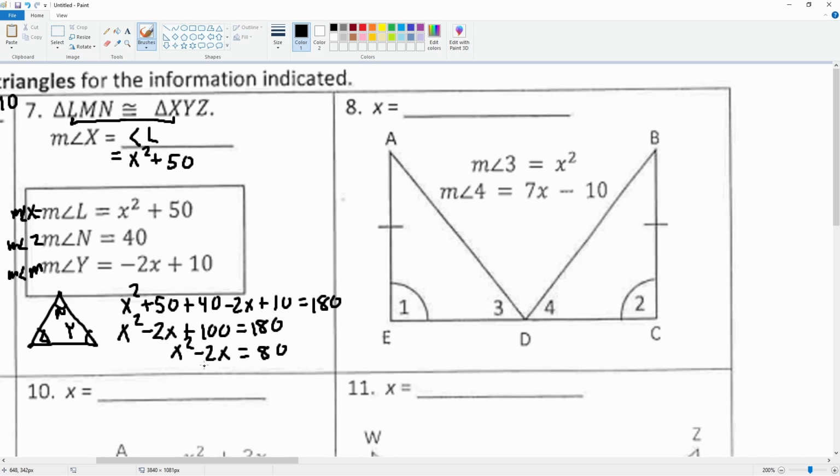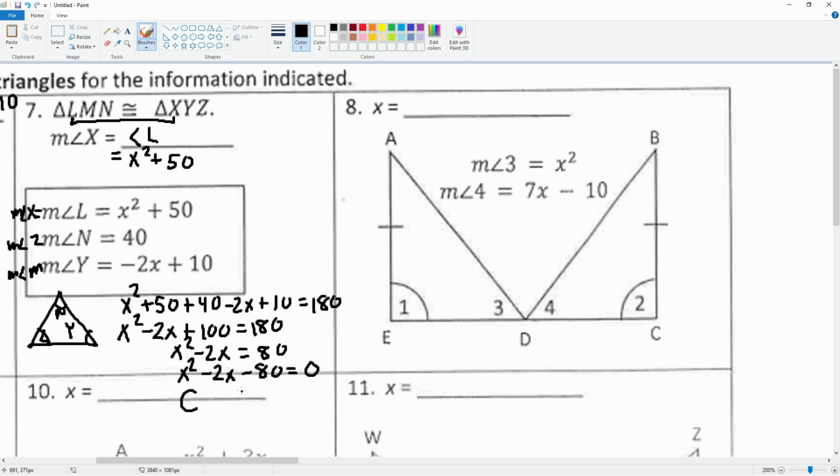I was going to factor out an x, so this becomes x times x minus 2 is equal to 80. That wouldn't work here. I would have to factor it. So x squared minus 2x minus 80 equals 0.